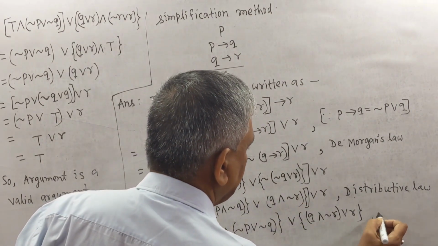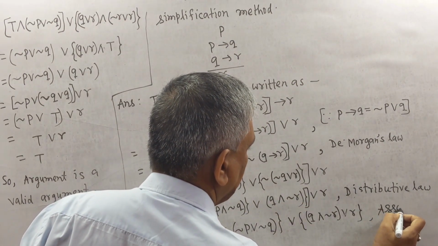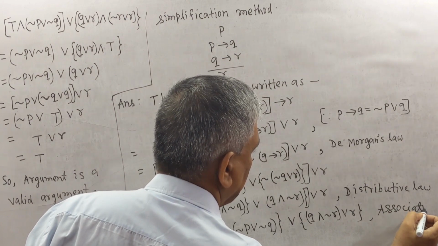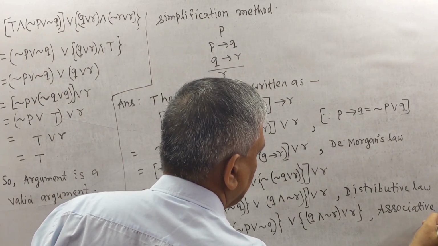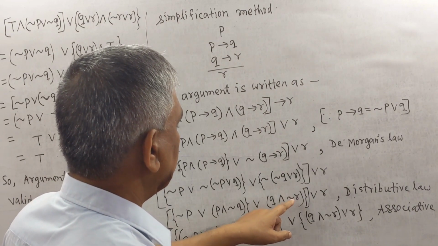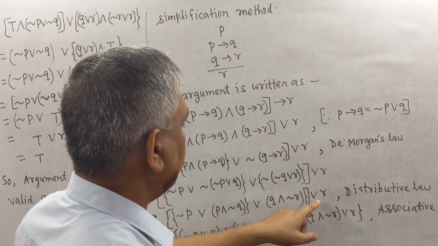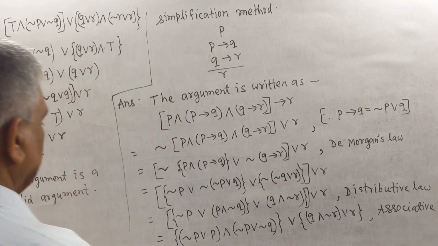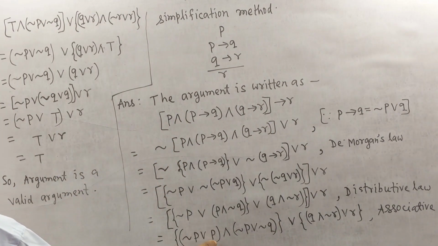Here we have used the associative law. Here disjunction Q, conjunction negation R, disjunction R. Now negation P, disjunction P is T.